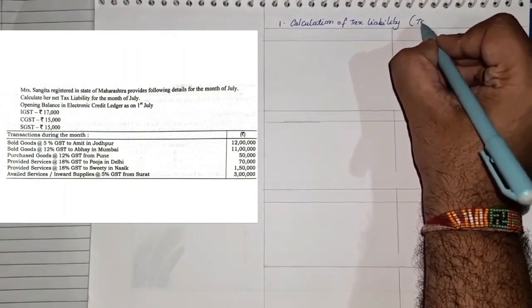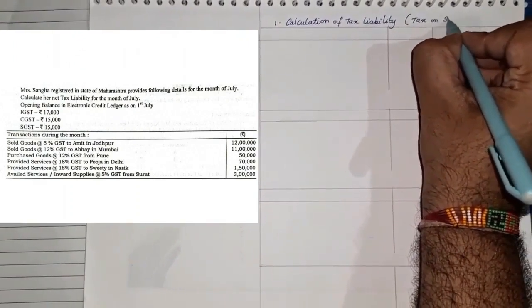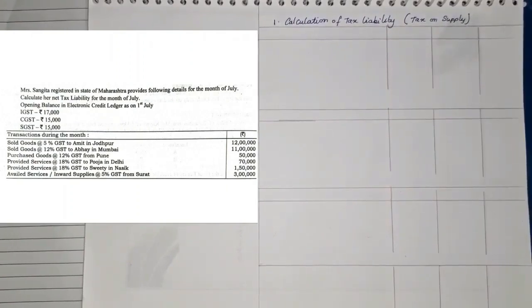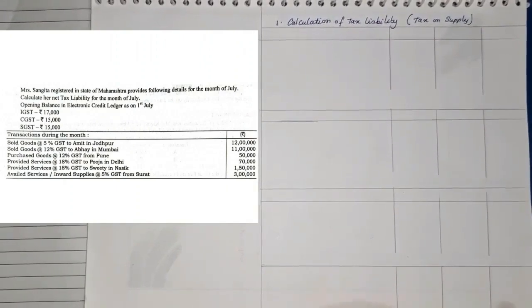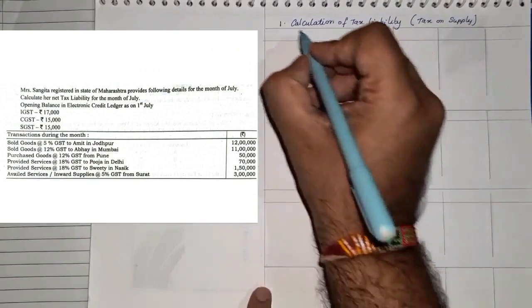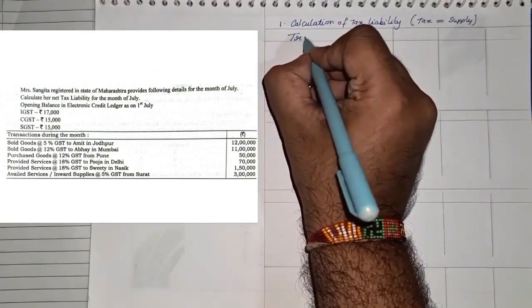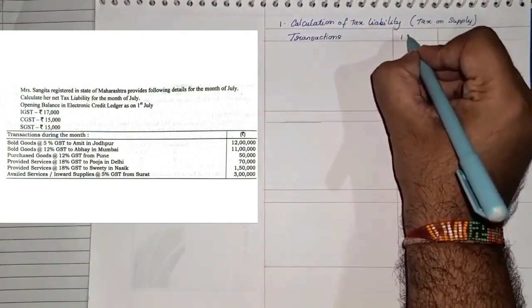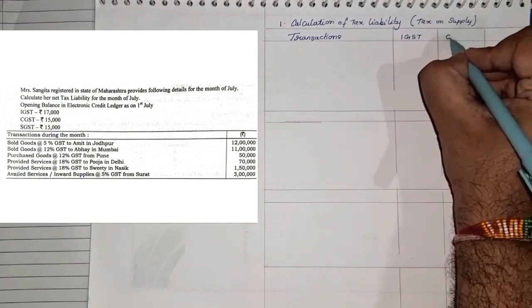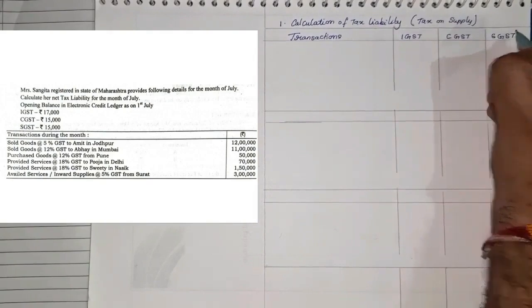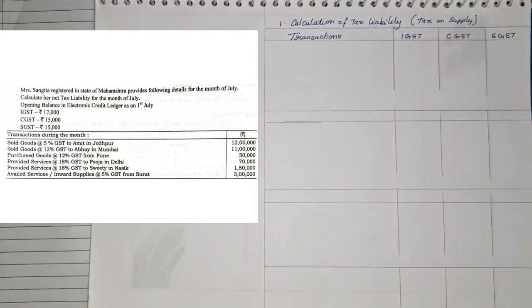This is basically tax on supply, also known as outward tax. We are finding the tax which you are going to collect on supply. Whenever you are supplying, what is the tax that has been collected? The columns will be transactions, IGST, CGST and SGST.